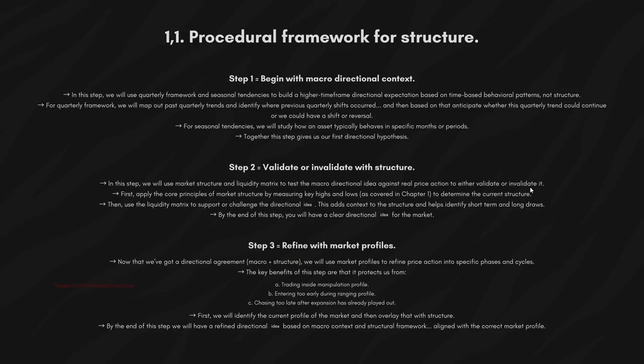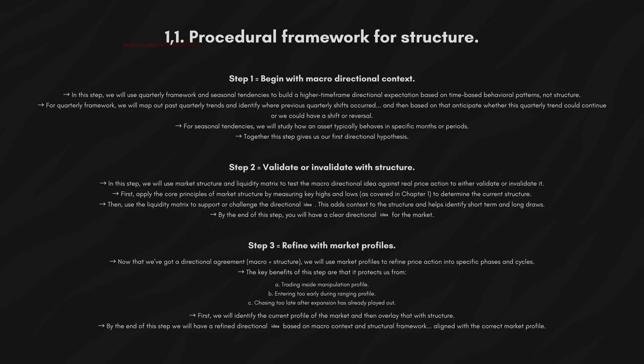And if it's invalidated, then that hypothesis would be dumped. Instead, we will give priority to this component because structure matters more than the macro directional context. Now, if you are wondering what is the point of establishing a directional context when, in the second step, structure matters more than that, the idea there is that if you have a directional context that is aligned with structure, then you could have more conviction in your analysis.